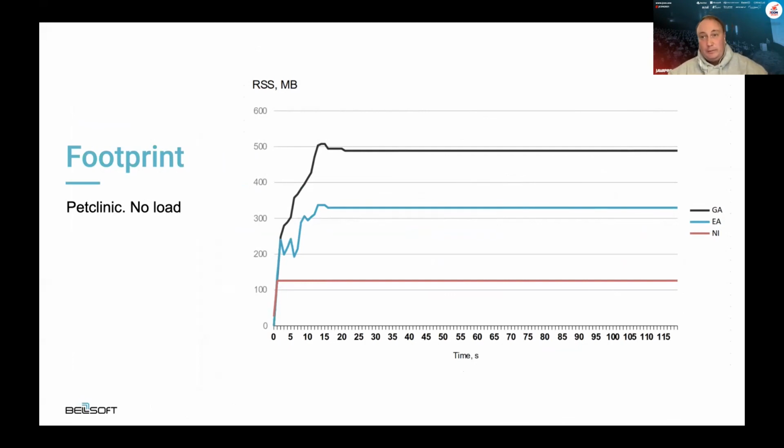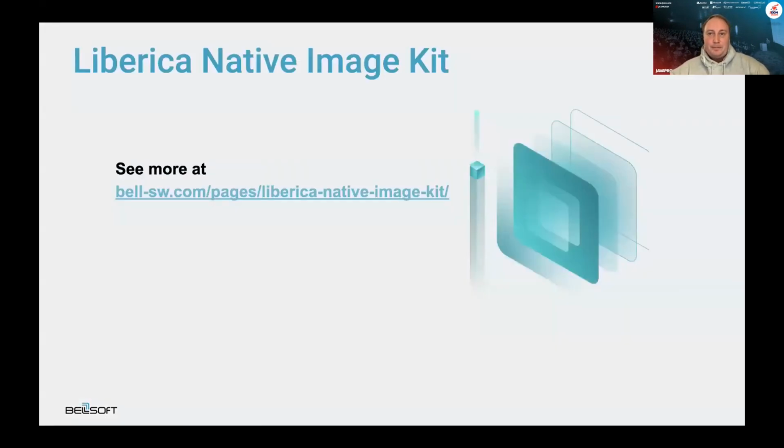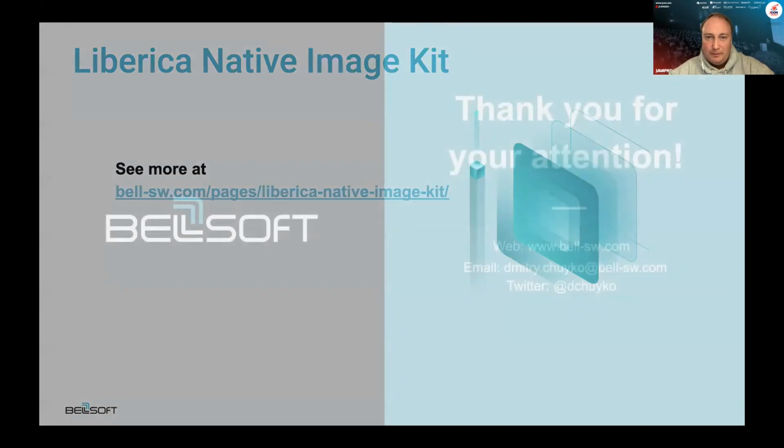So if we have a very dense deployment and we care about the physical memory occupied and we don't have much load on services, right? Because that may change the picture. Everything is super sweet. You can go and try again, as I said. Go for Liberica Native Image Kit and the Liberica Native Image Kit core.